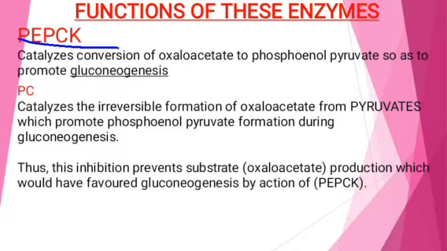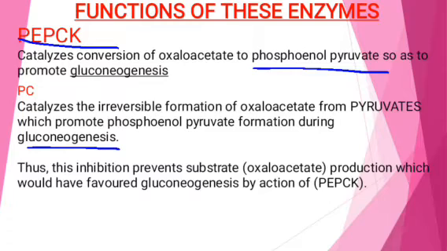Please pay key attention at this point. Your examiner might ask you this question. So the function of PEPCK is conversion of oxaloacetate to phosphoenolpyruvate. PC, pyruvate carboxylase, catalyzes the irreversible formation of oxaloacetate from pyruvate, which promotes phosphoenolpyruvate formation during gluconeogenesis.